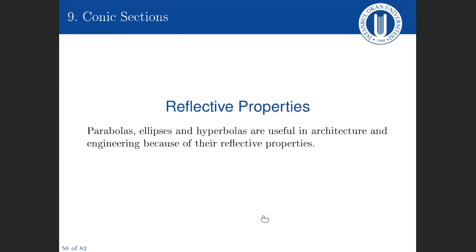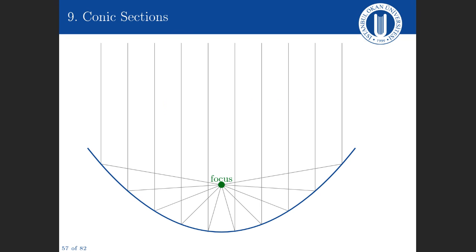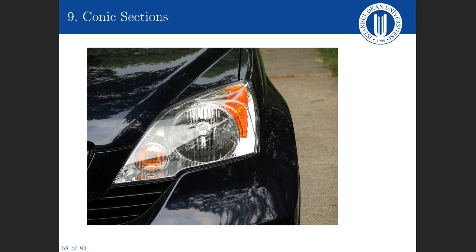Why are we interested in ellipses, parabolas, and hyperbolas? Because they're useful in architecture and engineering because of their reflective properties. First, a parabola. A parabola has the special property that if we have rays which start or finish at the focus, and these are reflected off the parabola as if the parabola is a mirror, then these rays will exit the parabola as parallel lines.